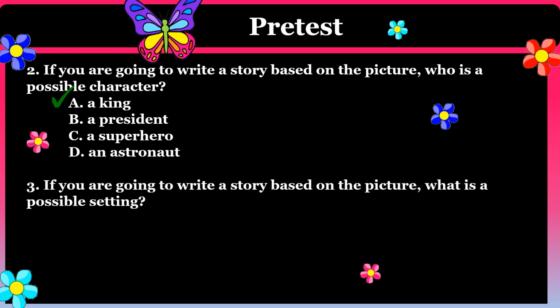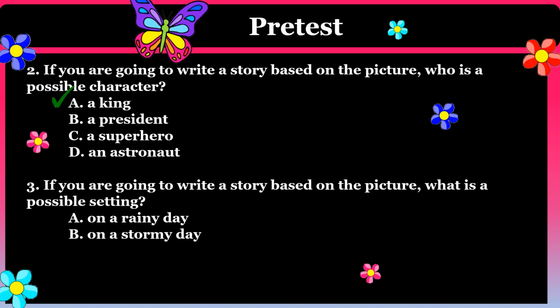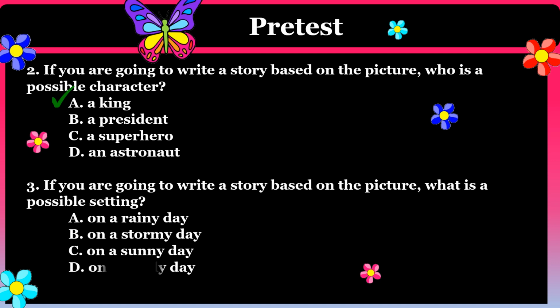Number 3. If you are going to write a story based on the picture, what is the possible setting? So, what is your answer? Very good. On a sunny day.